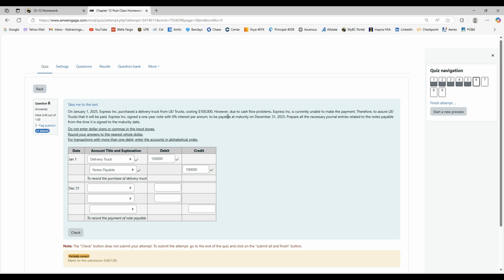What are we doing here? December 31st. Okay, so it's a 1-year note with 6% interest, and we're gonna just record the whole interest expense at the time of payment. It's 6% on 100,000, that's 600, I think. Right?